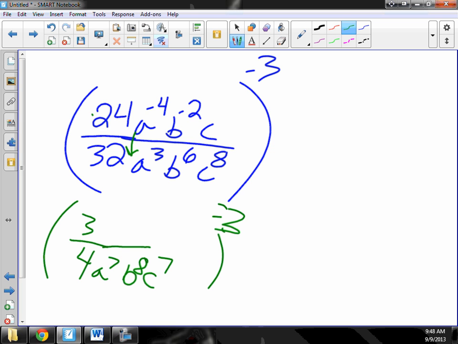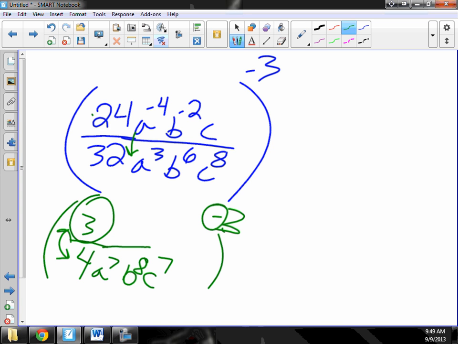This is going to have the effect of flipping everything on top and everything on bottom. It's a negative exponent, and negative exponents flip fractions. But in this case, we're going to flip the top and the bottom at the same time. Now, if you want to write it all as a -3 and then flip them all at the same time later, that's fine. But I already know that my answer for this one is going to be in the denominator.